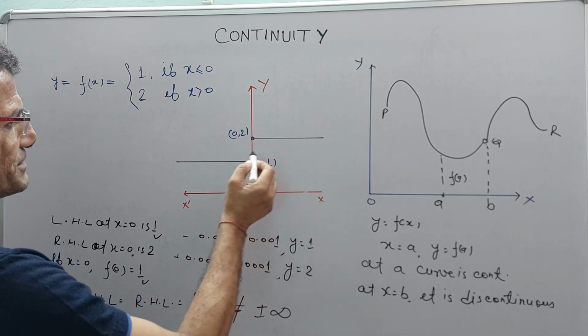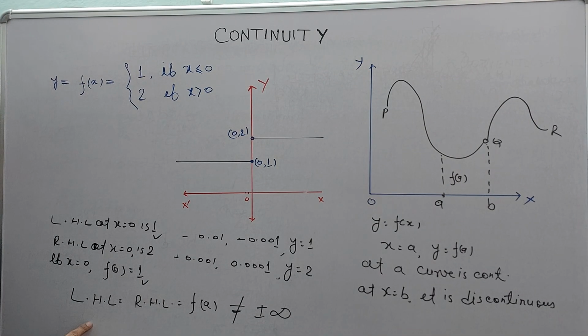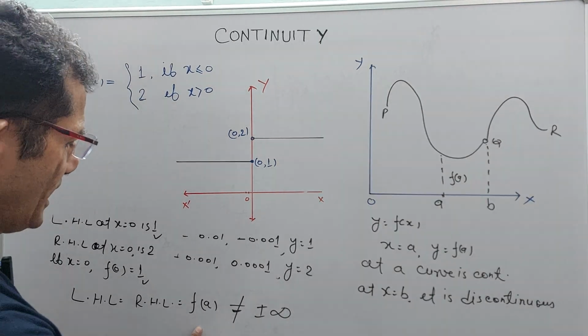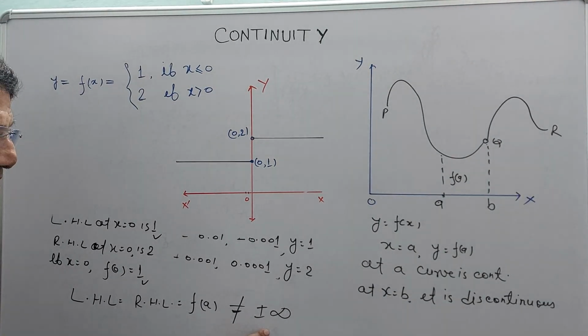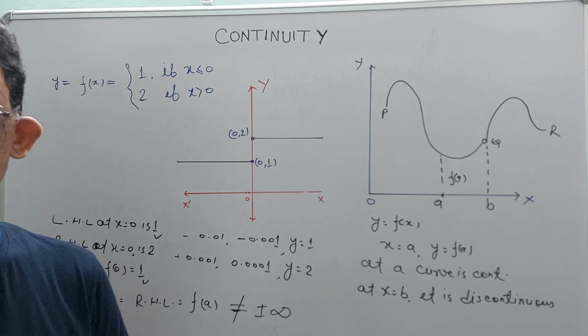This is the mathematical formula: left hand limit equals right hand limit equals functional value, and this value should not be plus or minus infinite, because infinity is not a real number.